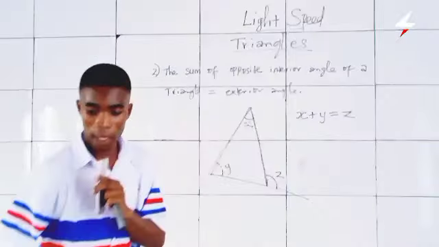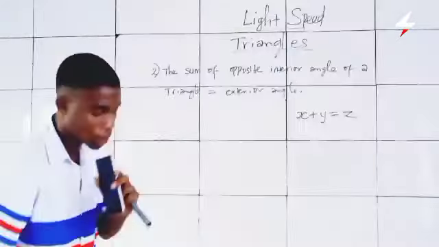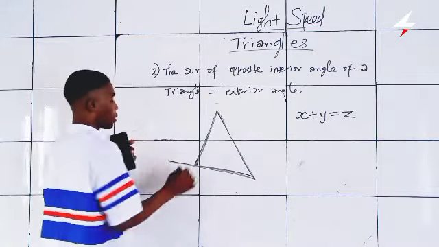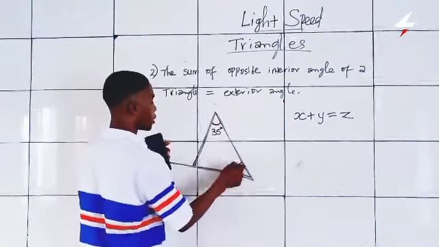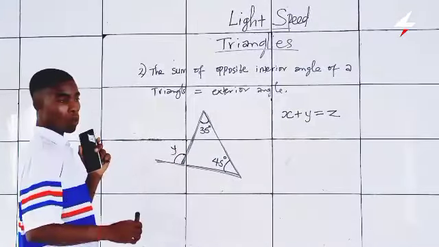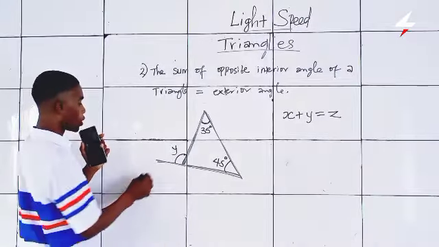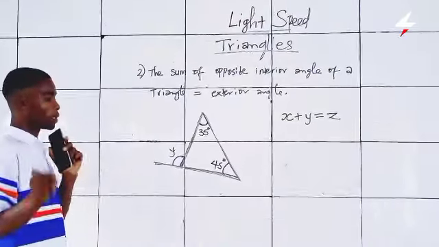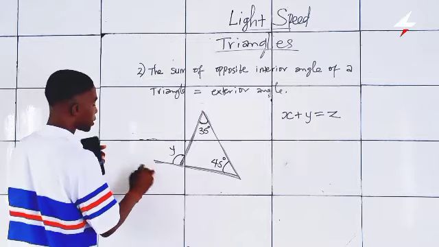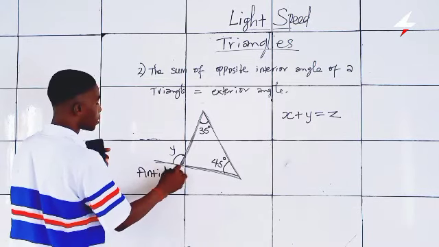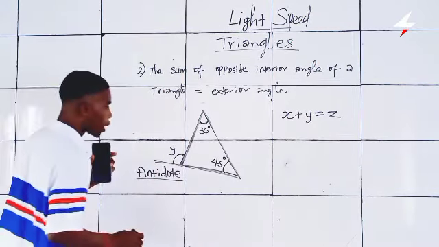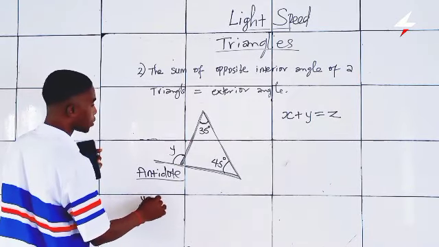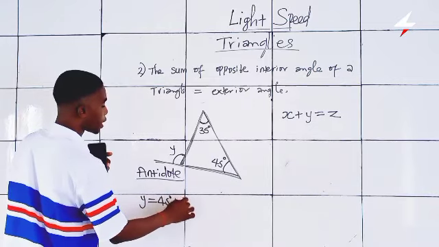So let's have a question regarding that. Say find y. Like we said before, the sum of the opposite interior angles of an exterior angle is equal to the exterior angle. So we'll write antidote, which is the cure: y is equal to 45 plus 35.